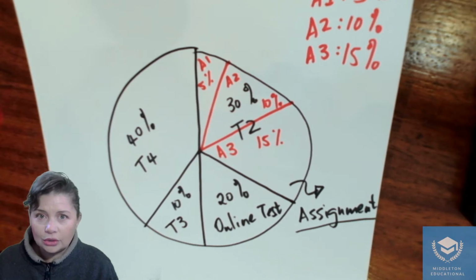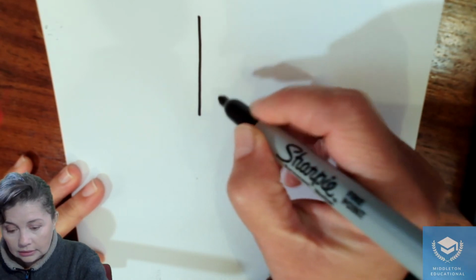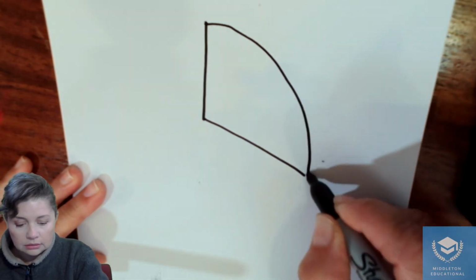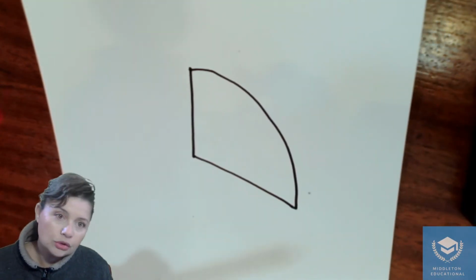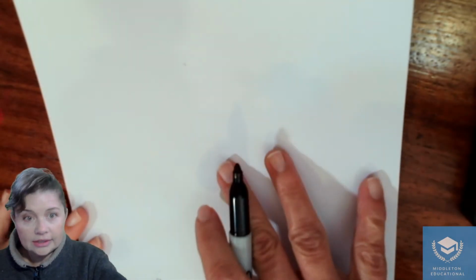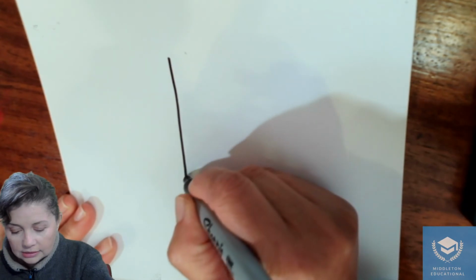So let's take a closer look at that slice. Let's just redraw it quickly. It was roughly something like this. It's a bit skew, I think. I want to draw it nice and big, like this slice.